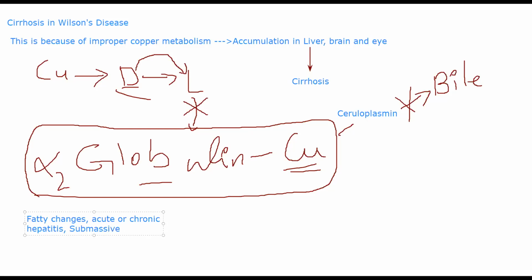Submassive liver necrosis is something we studied in fulminant hepatitis. And it can cause macronodular cirrhosis. Big nodules will be seen on your liver, and it will cause cirrhosis.